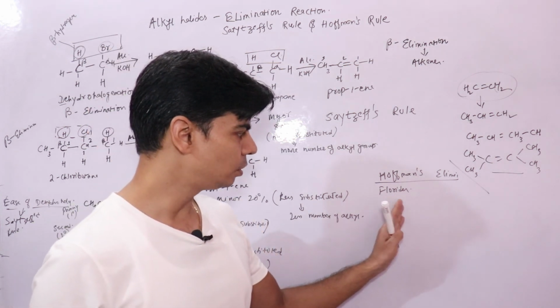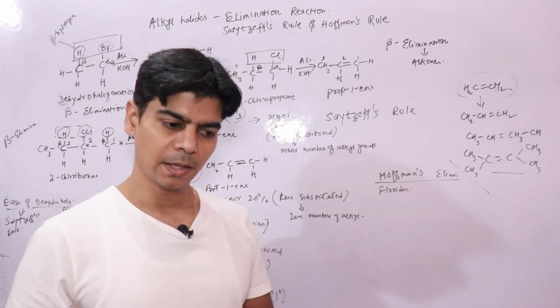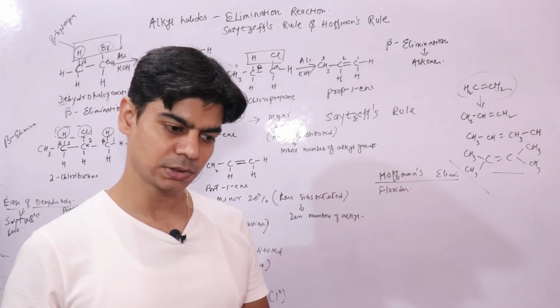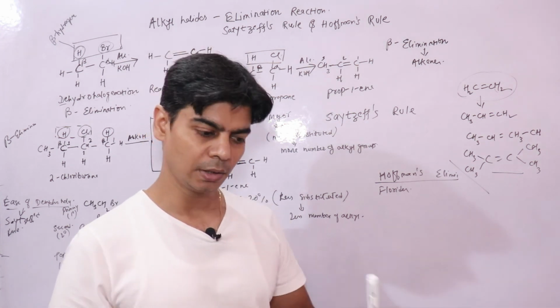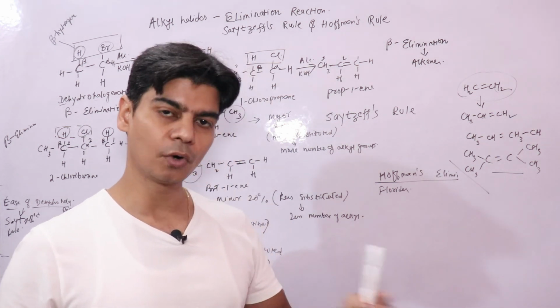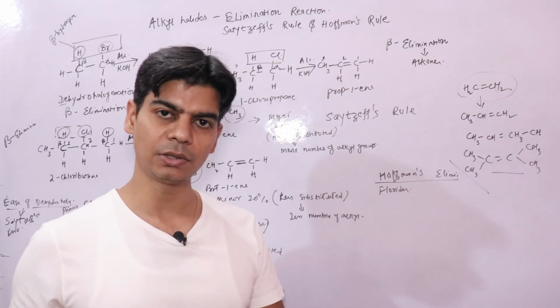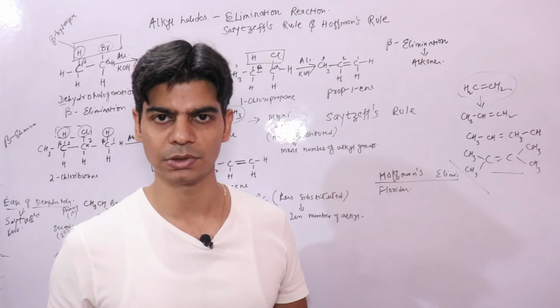As per Hofmann's rule, which applies to fluorides, that alkene would be more stable or would be formed in major quantity which is formed as a result of elimination of the more acidic hydrogen atom.